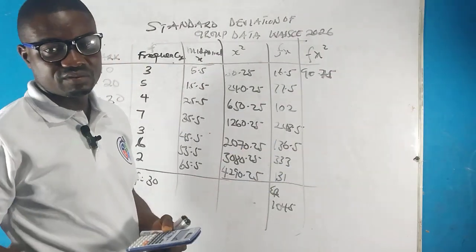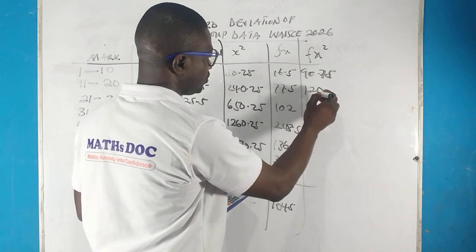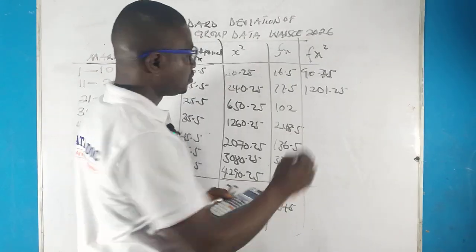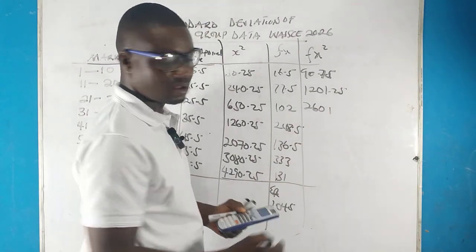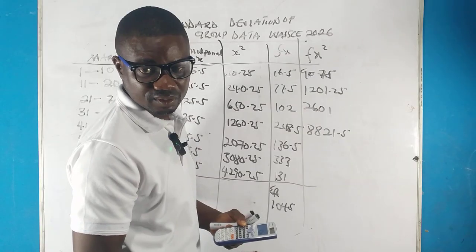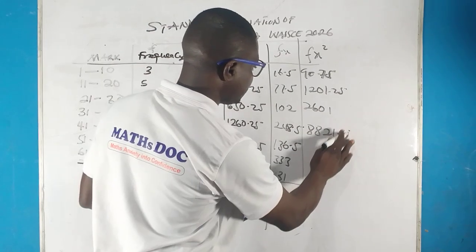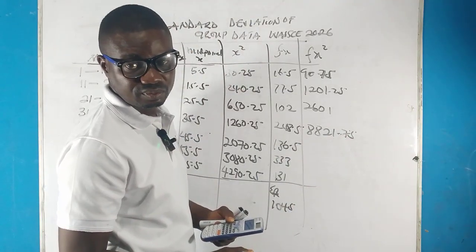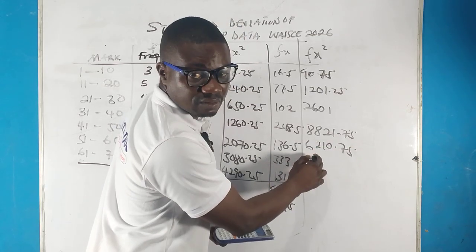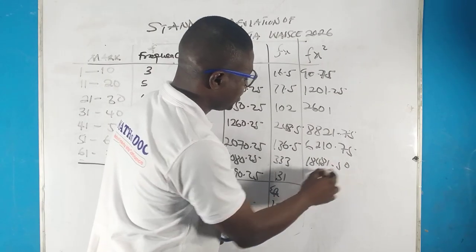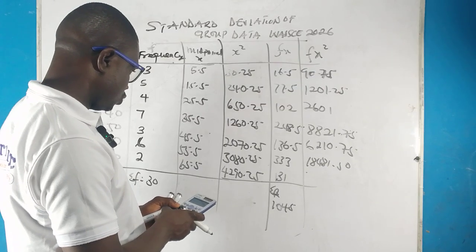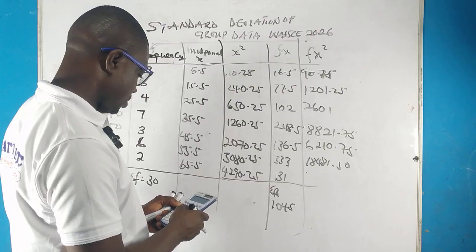Then on and on, we get the other values, up to the last one, 2 times 4290.25, which gives you 8580.5.